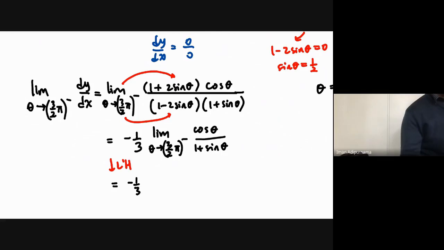And then we can differentiate, still writing the limit from the left, and this will be negative sine over cosine, right?